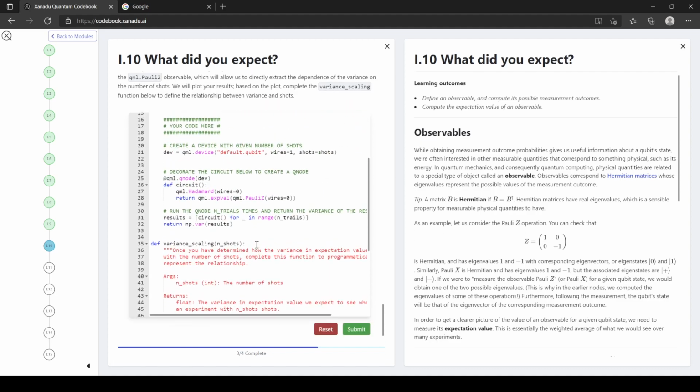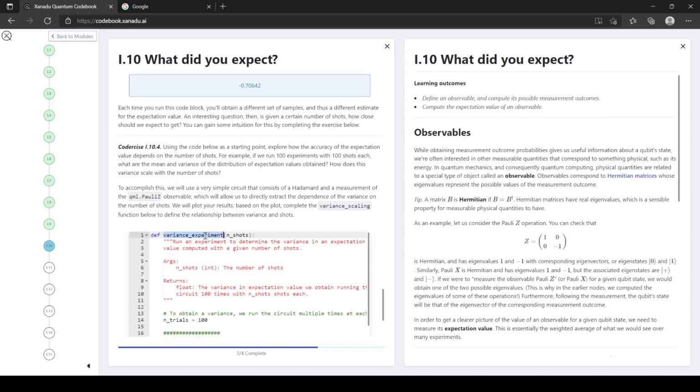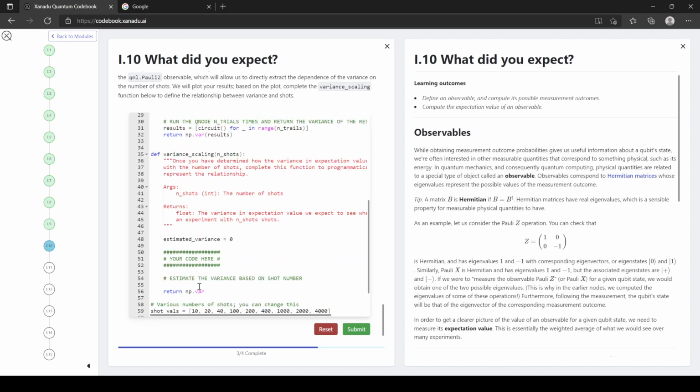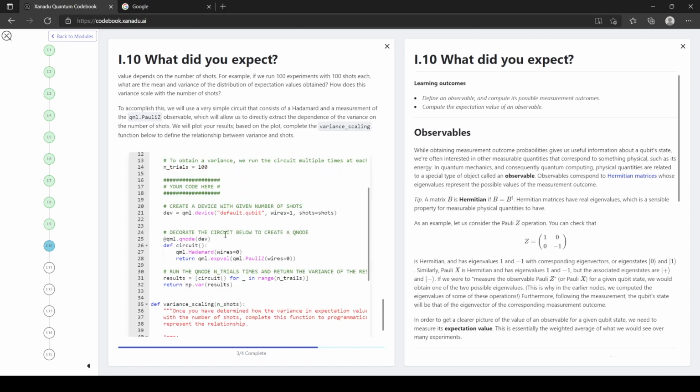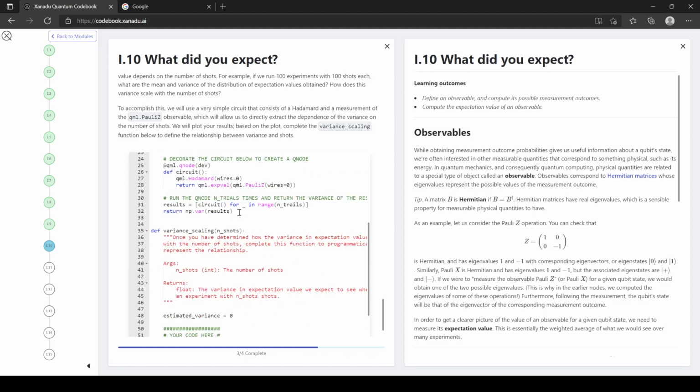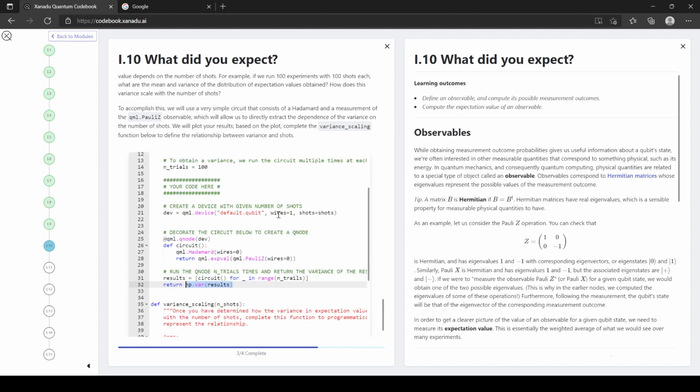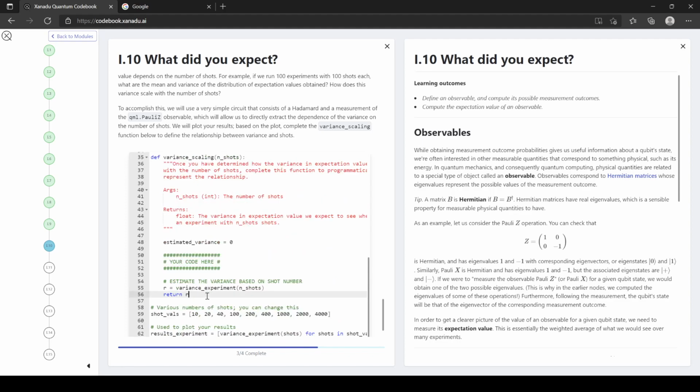We want to get the results. Shots, and then we want to get the, I don't understand how this is variance experiments. Return the, oh, okay, we're not actually supposed to compute the variance here. We're just supposed to compute the expectation values of the circuit however many times, and then we take the variance down here.